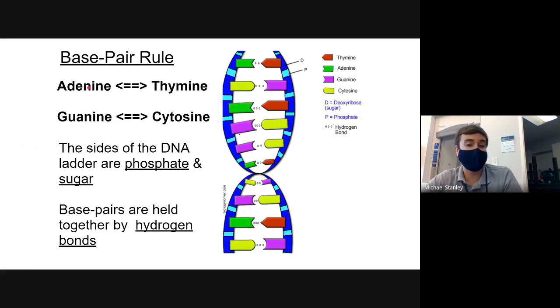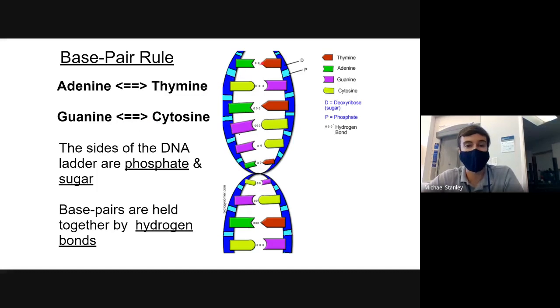All right, so adenine and thymine, thymine and adenine, A and T, will always, always, always line up across from each other in DNA. Same thing with G and C, guanine and cytosine, or cytosine and guanine. They also will always line up across from each other in DNA.